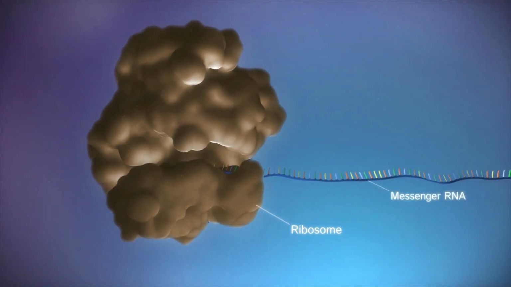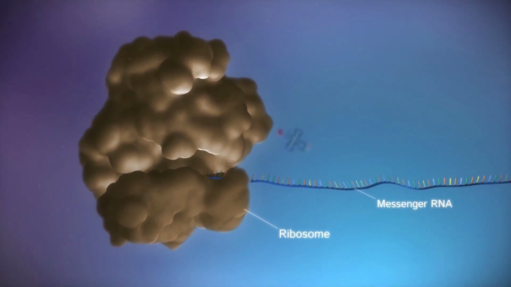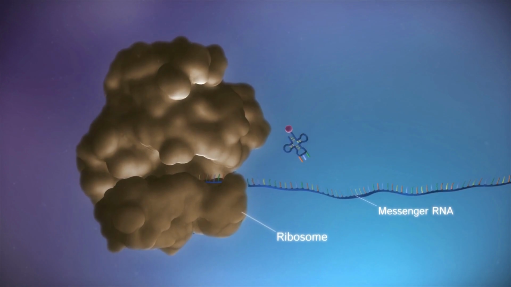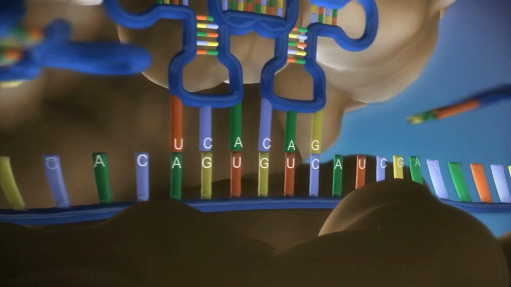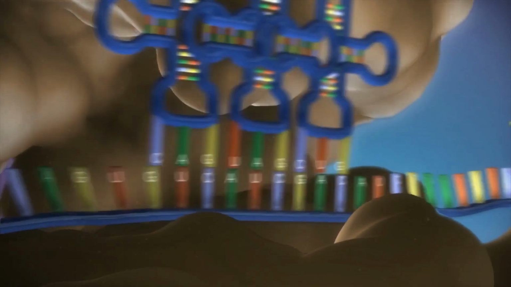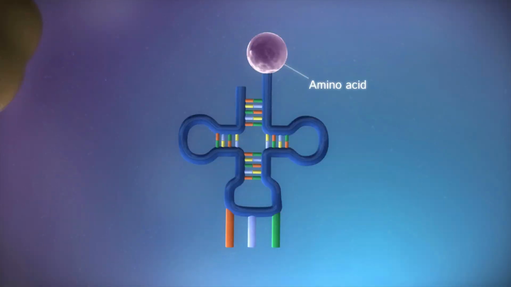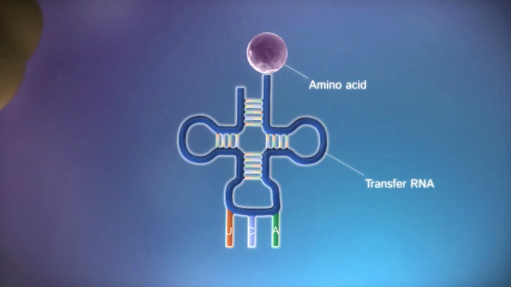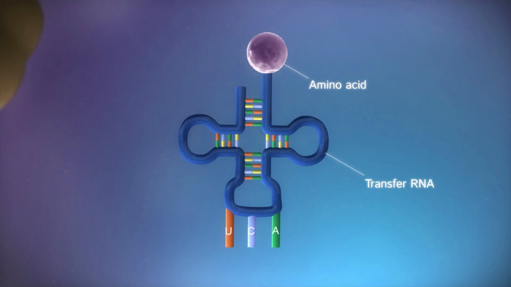mRNA, messenger RNA, contains the information to make a protein and is translated into a protein sequence. tRNA, transfer RNA, specifies codon to amino acid translation.